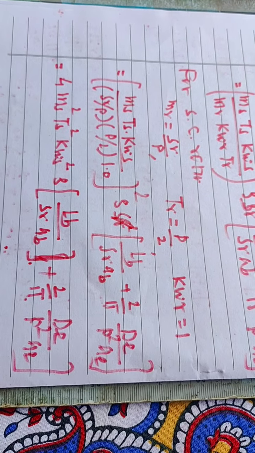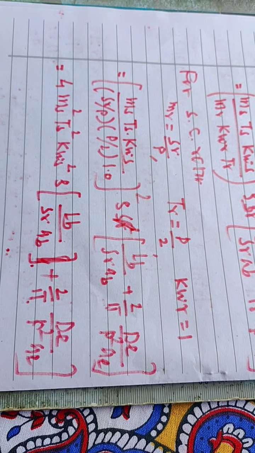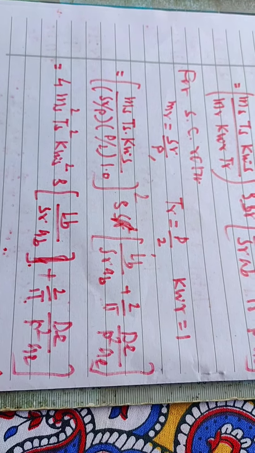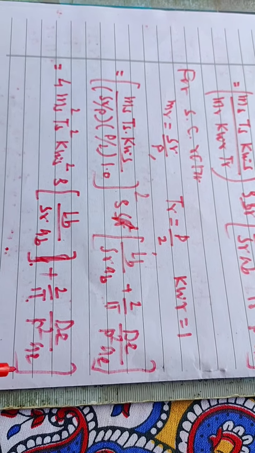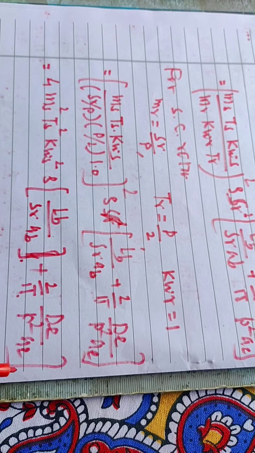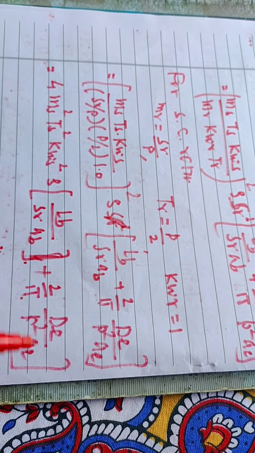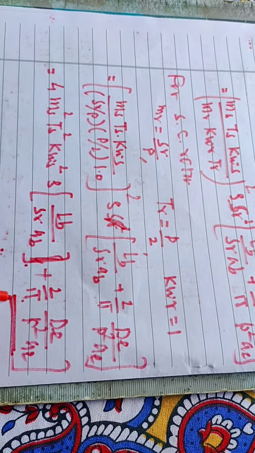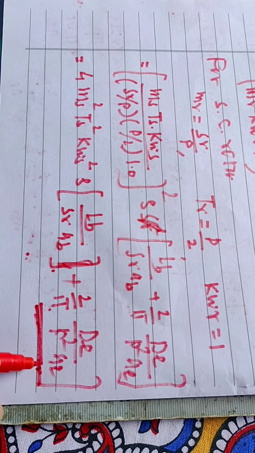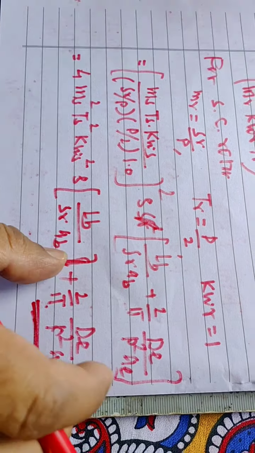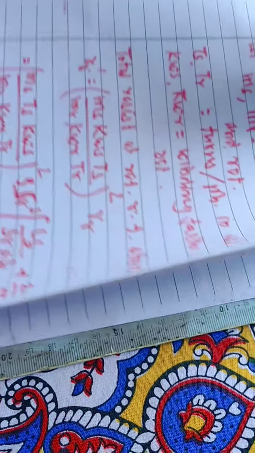Now current distribution is not uniform. Current distribution is non-uniform in the end ring. Therefore the end ring resistance is multiplied by K ring factor. So this is end ring resistance. This thing we have to multiply by K ring factor because the end ring current is not uniform in the end ring.